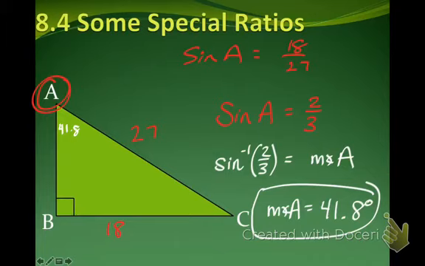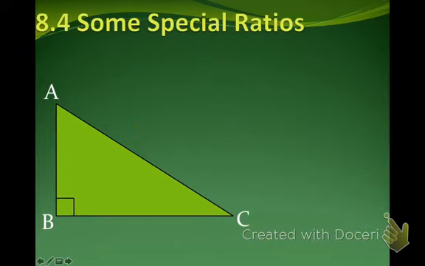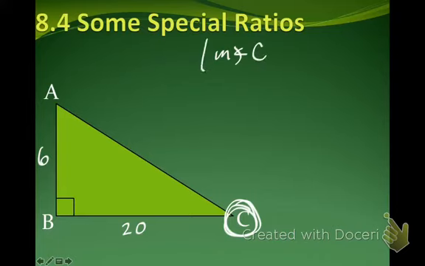Let's try another example. Let's say this time that I don't have a hypotenuse. Let's say that I have a leg of 6 and I have a leg of 20. And let's say that I want to find angle C. I need to think about what sides I'm given. I don't have the hypotenuse.